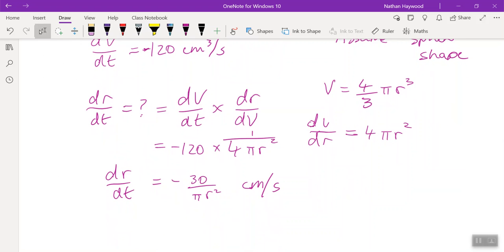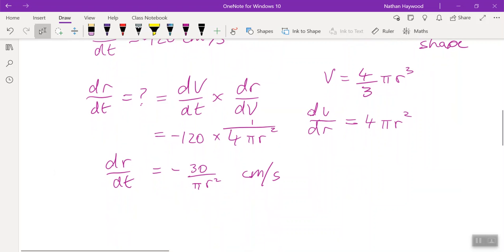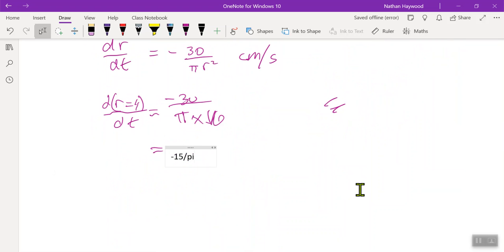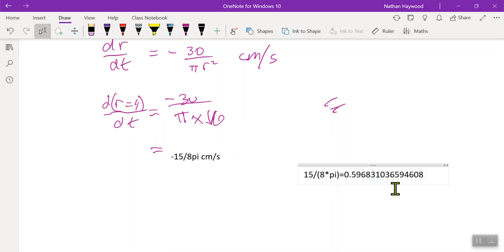So one last step. Sub in r equals 4. It's losing that much radius per second.